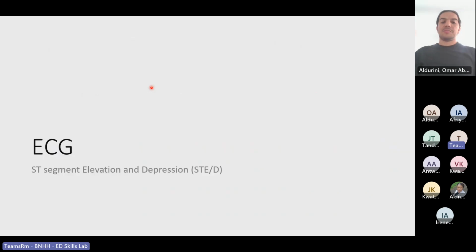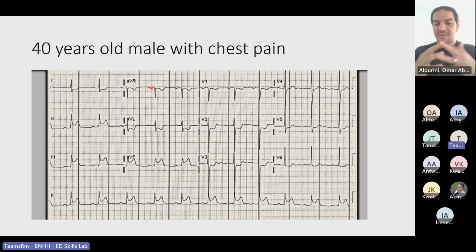Okay. So we've seen the ST segment depression and we've seen the ST segment elevation. So let's combine them together, okay, and see what we can have. So in this patient, for example, a 40-year-old male coming in with chest pain, if we look at the T-wave inversion, ST depression, and ST elevation, we can find that the ST segment is depressed in lead 1, AVL, and slightly depressed in V5 and V6.